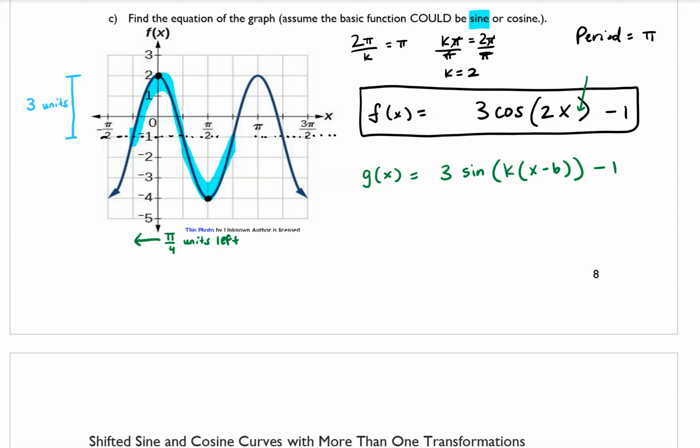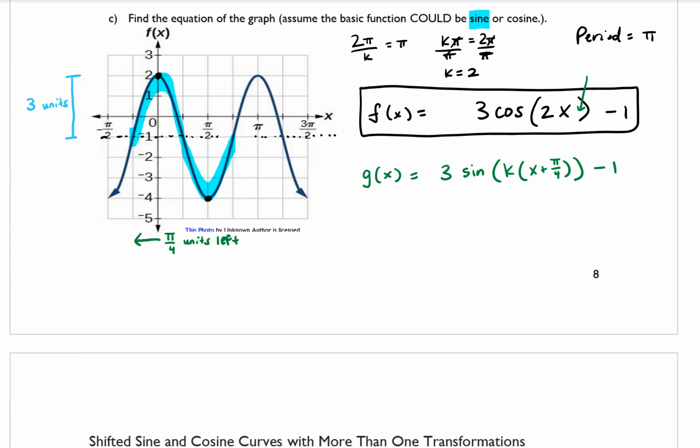So hopefully you can remember from pre-calculus that if we have shifted to the right, then we need to add to the x value, and the amount that we've shifted over was pi over 4. So we have x plus pi over 4 because we are shifting to the left pi over 4.